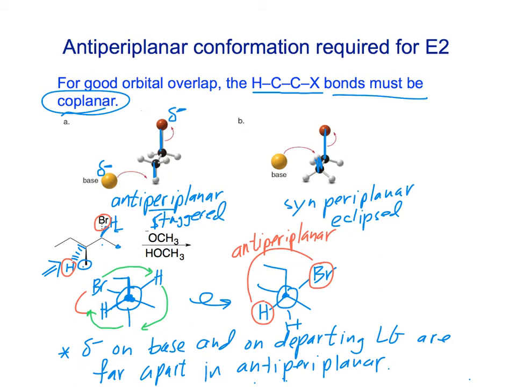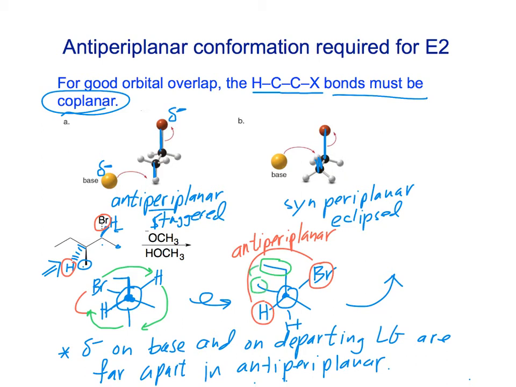Okay, so when the elimination takes place, we need to look at which groups are on the same side. So notice here in the product we have the ethyl group here and the methyl group here are on the same side.